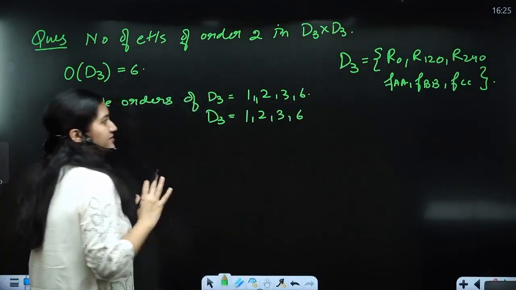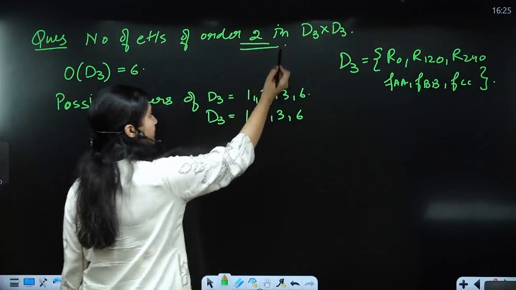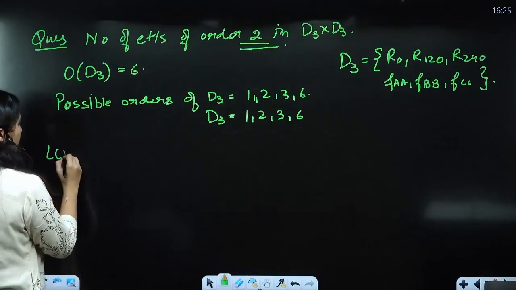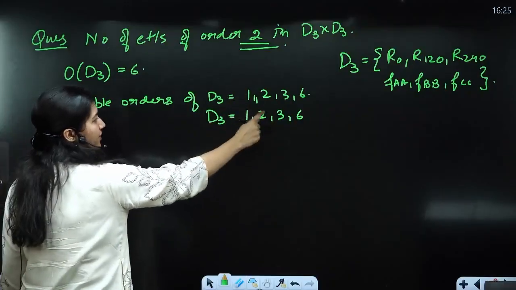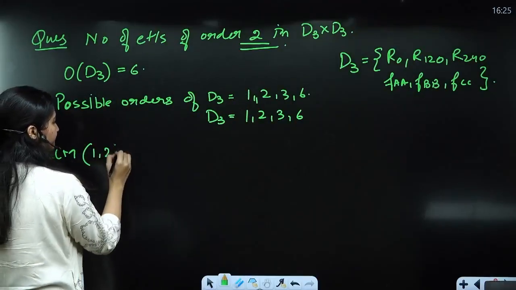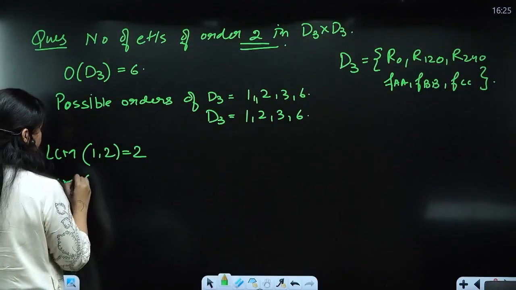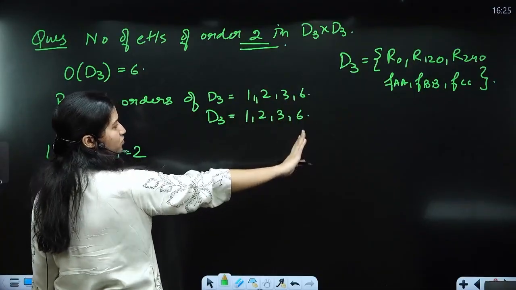So we are just concerned with the elements which are going to be of order 2 here, right? Now look, LCM of 1 comma 1 is not going to give me 2, 1 comma 2 is going to give me 2, right? Then next pair is LCM of 3 comma 1, 3 comma anything, nothing, I won't get 2 anywhere.